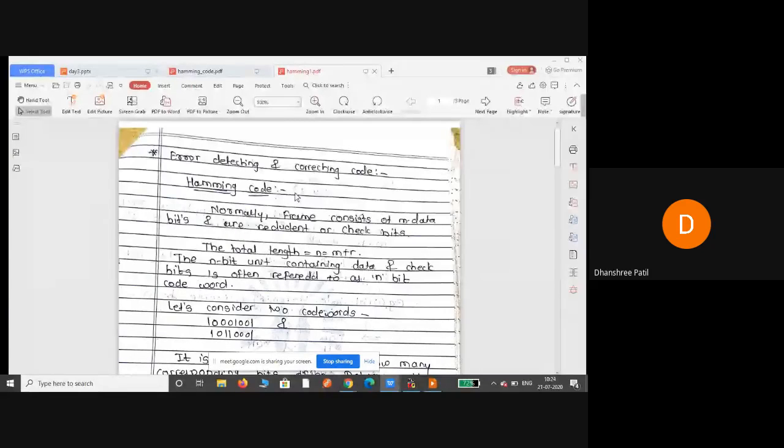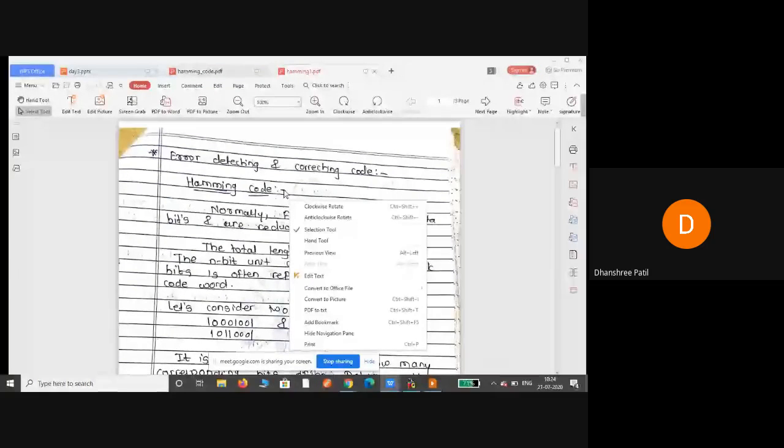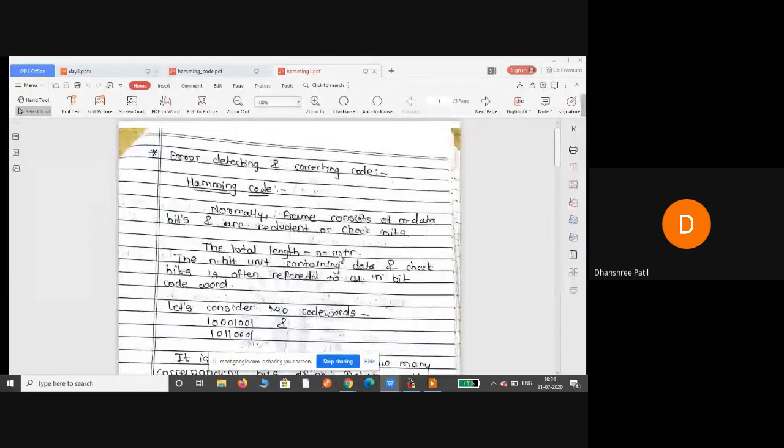What this means is that Hamming code contains the data, or your frame, as well as some extra check bits, as in CRC. In CRC, what extra bits did we add? We added zeros at the sender and the CRC at the receiver. Similarly in the case of Hamming code, suppose my data is of m bits, in that I have to add some extra bits which are called parity bits.